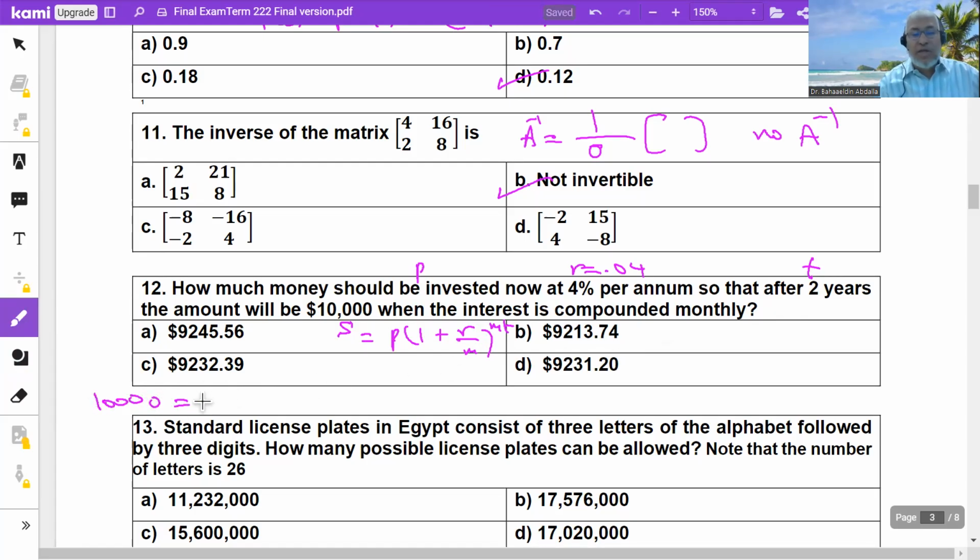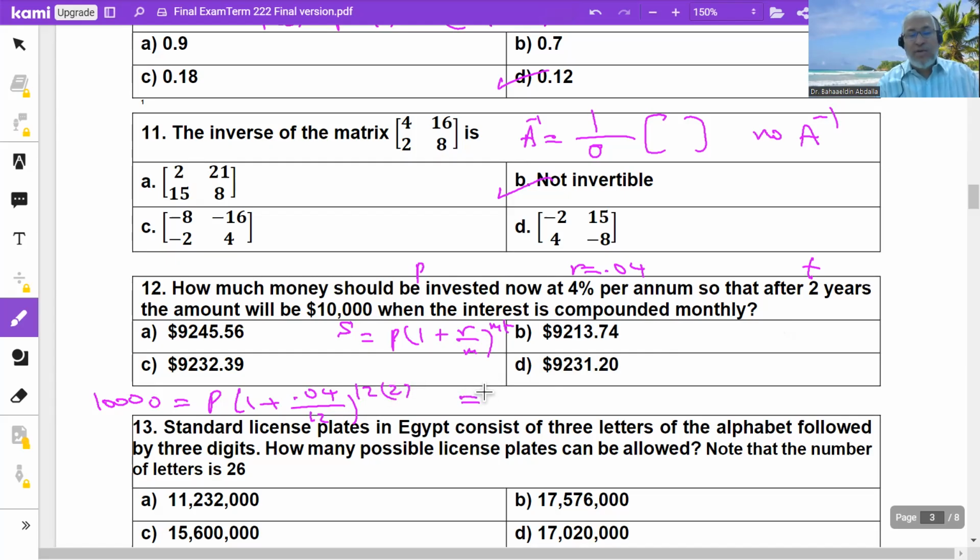It equals the principal. What is the principal? He's asking about it: how much money should be invested? So the principal we need to find times (1 plus R, which is 0.04, over M). Compounded monthly means how many times a year? 12. So the number of periods per year is 12, and the exponent is 12 times T. T is 2 years.